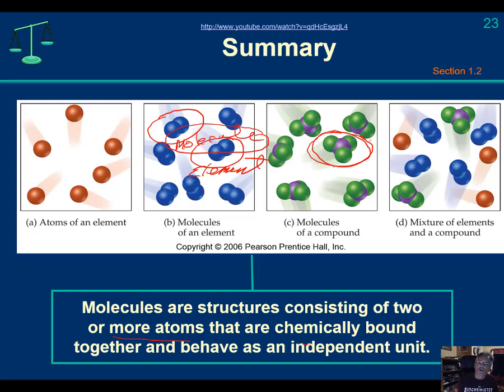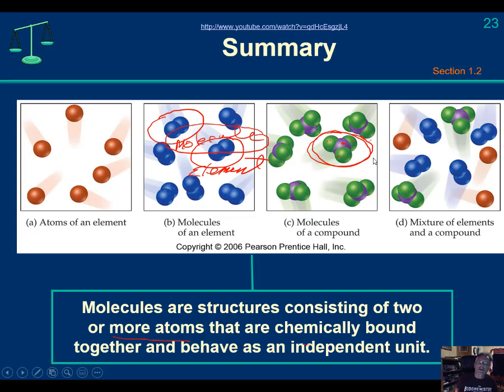It is a molecule of a compound because the atoms that are bound together are not atoms of the same element. You have a purple atom, and you have three green atoms here. So that's two different elements, and we know from previous discussion that that indicates a compound.